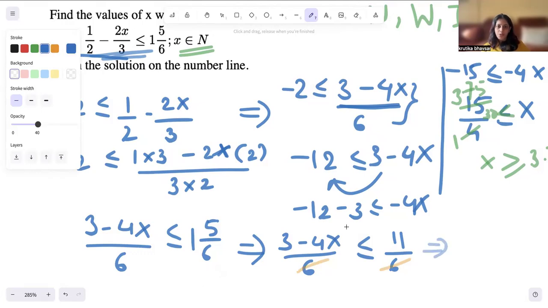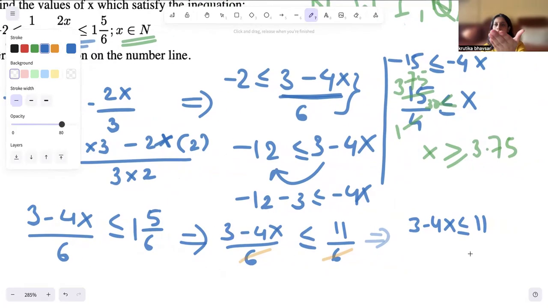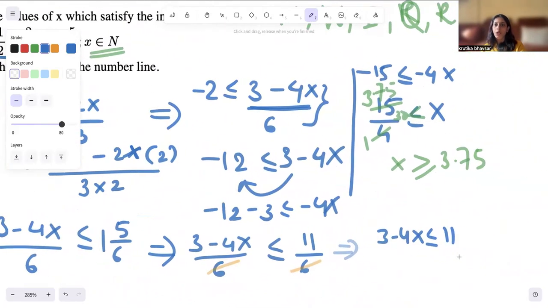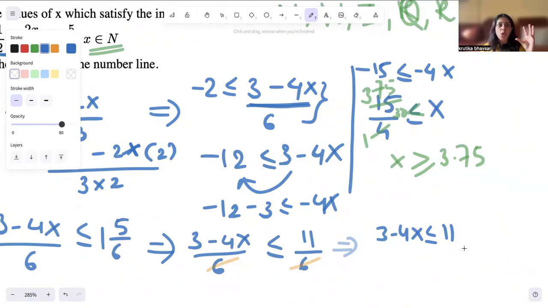And now what do I have, students? I have 3 minus 4x is less than or equal to 11. Now this has gotten to a very simplified inequality for us. See what we had in the very beginning and what we have now. So everything that looks really horrifying is not actually horrifying until you simplify it.